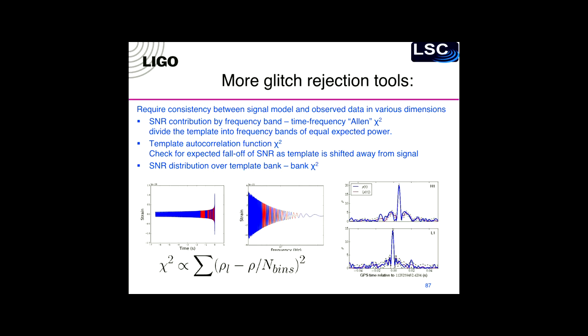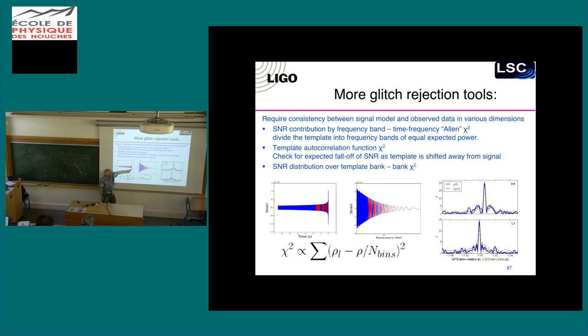The next step is our chi-squared. We chop the waveform up into regions of equal contribution to the total chi-squared. Maybe looks like there's 1, 2, 3, 4, 5, about 10 or 15 bins here. Here's the Fourier transform. We can do it also in the frequency domain, which is what we do. We do it in the frequency domain because that's easier to figure out its contribution to SNR because we know the noise as a function of frequency.